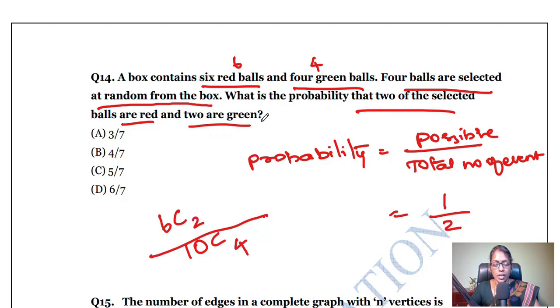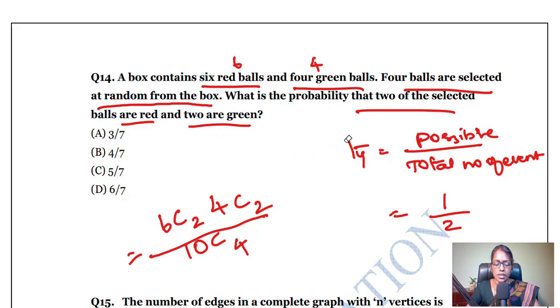And then 2 are green, so 4C2. From the 4 green balls, I am going to get 2 balls. So now we have to apply the nCr formula.